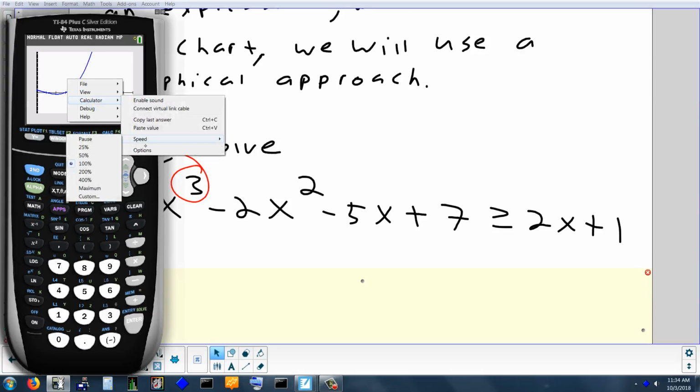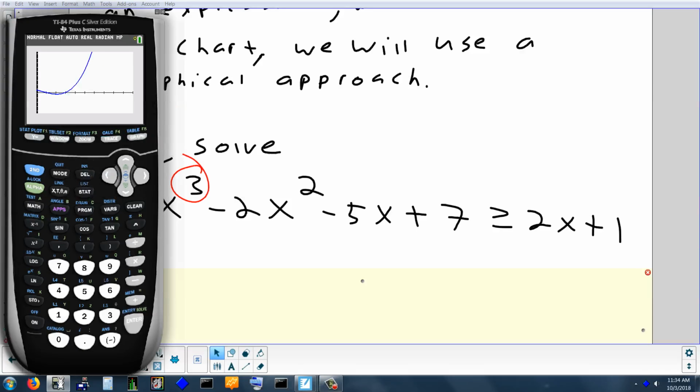Let me get a better window. Yeah, that would kind of work, but I think this will look better. So, graph in blue, it's kind of this curve. Where is it above the graph in red? Since it goes off the screen, I'm going to go a little higher.